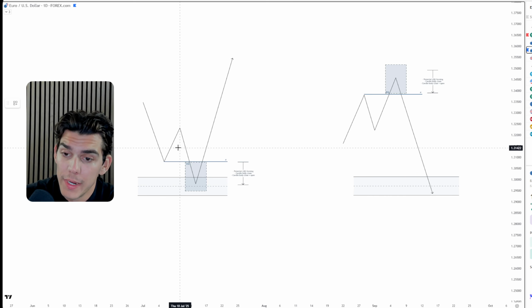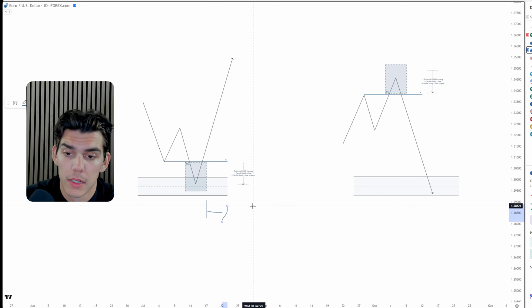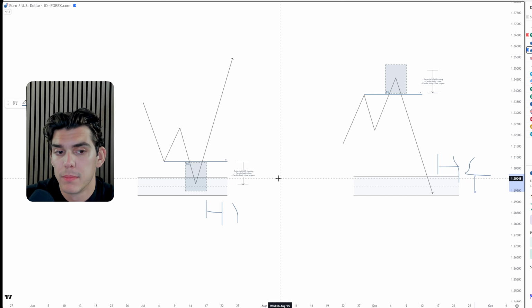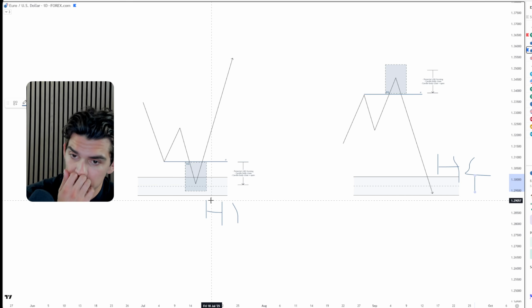So in this case, we have an array here. This could be H1, and this could be H4, like that, right? Quite simple. That's an H4 imbalance. This is an H1 imbalance as well.